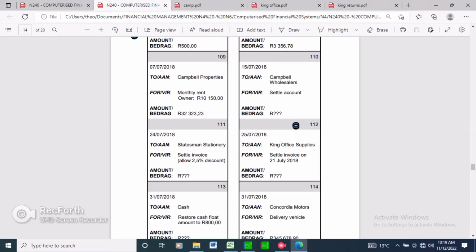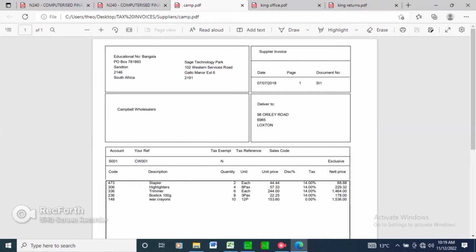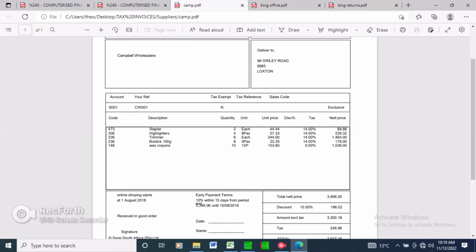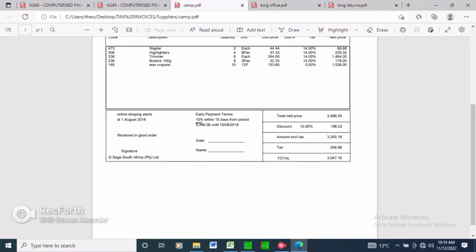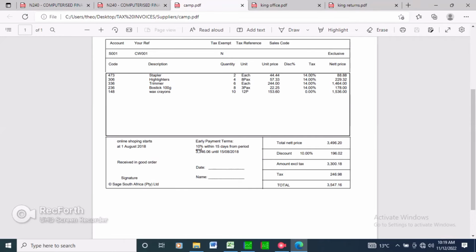We have two discounts. We have this one, 10%. This one is a trade discount, guys, already included in this amount, so never mind this discount. But pay attention to the early terms discount.